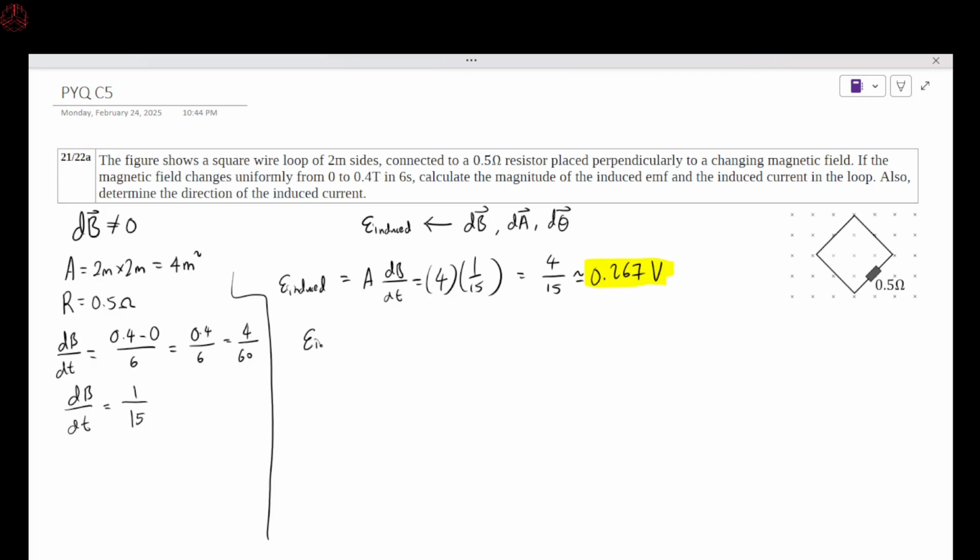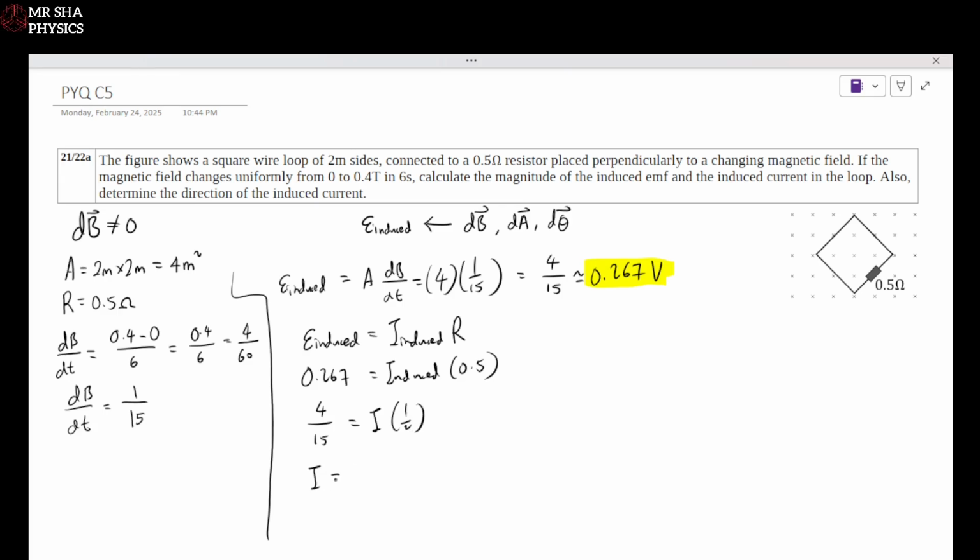So what I can say is that induced EMF equals I induced times R. I can just substitute the values. 0.267 equals I induced times 0.5, or I can put quite simply 4 over 15 equals I times 1 over 2, which means that my I is going to be 8 over 15, which is approximately 0.533 amps.